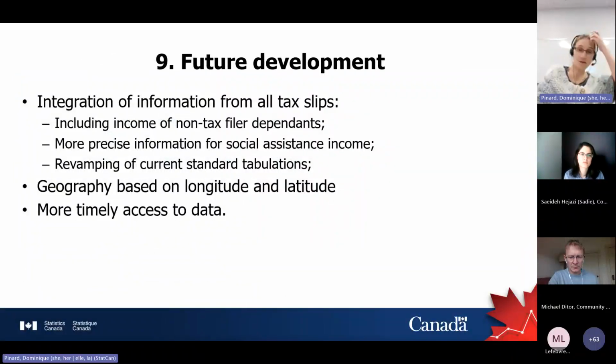Okay, so let's talk about the fun stuff, things that I've been working on over the last year or so. There's a lot of work that's been done at Statistics Canada to benefit from other data sources that are brought in. I talked about the APIM.